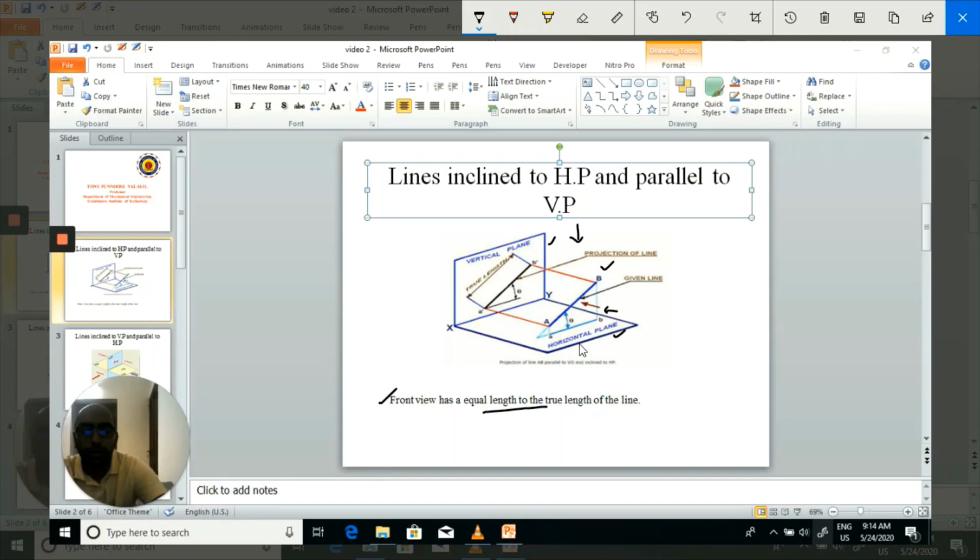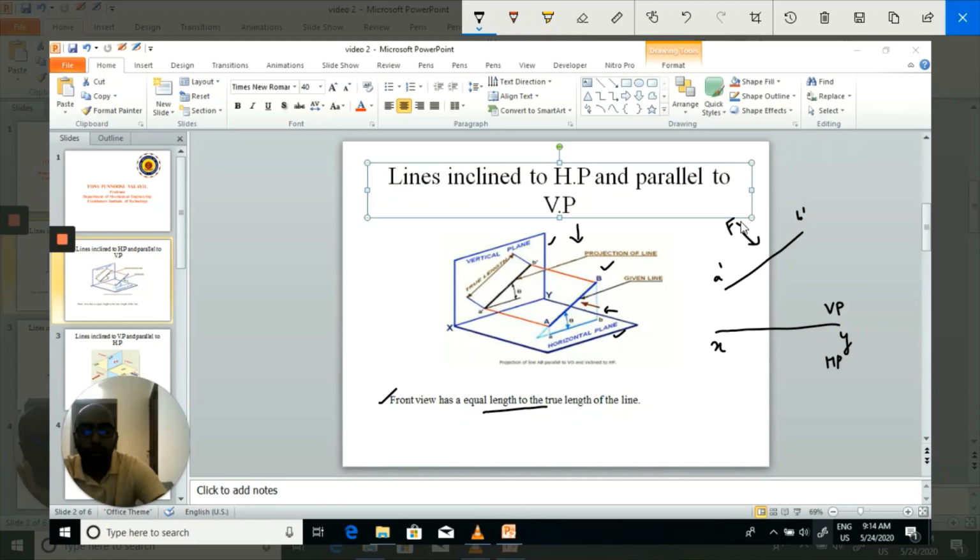Now if I draw the orthographic view of this problem, we have the XY reference axis. Since it is in the first quadrant, VP, the vertical plane, is above the reference axis and HP is below the reference axis. So you can see the front view, A dash B dash, which is inclined.